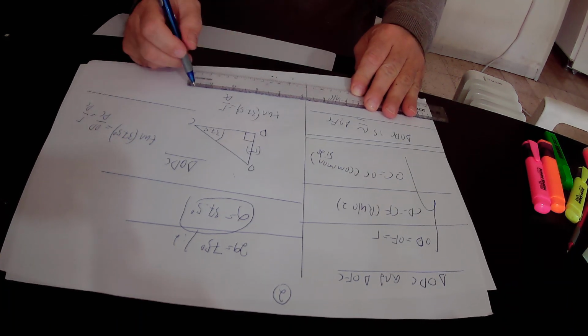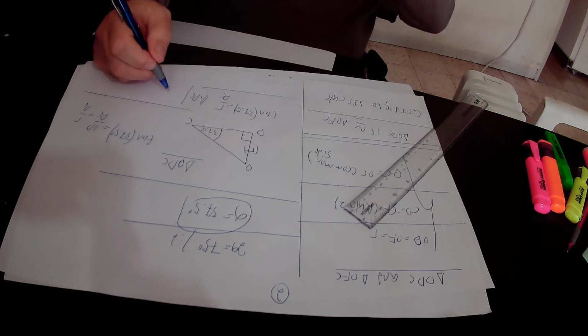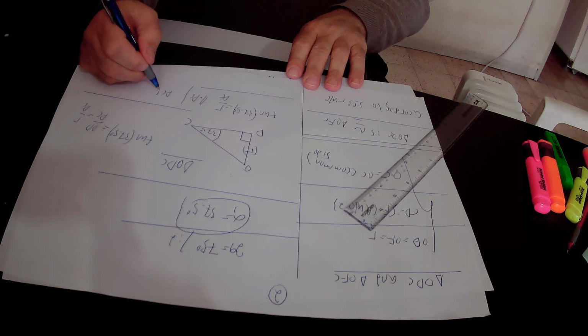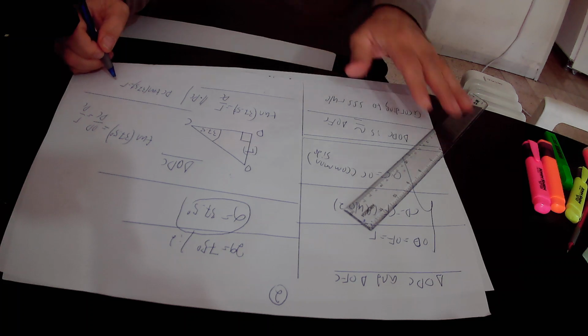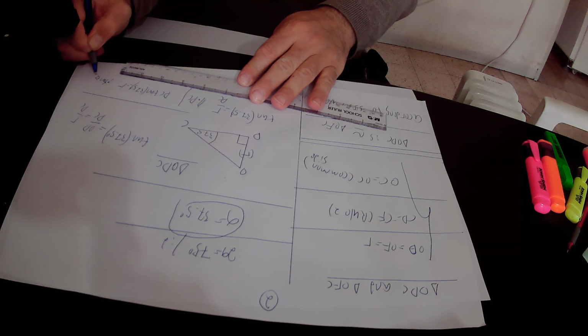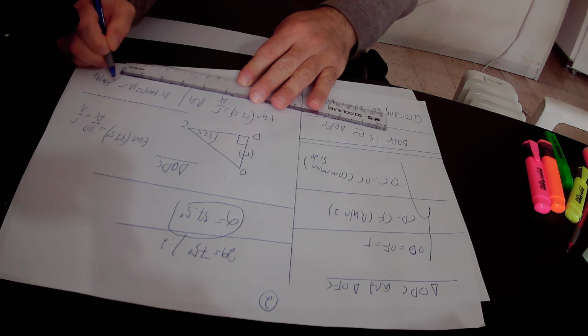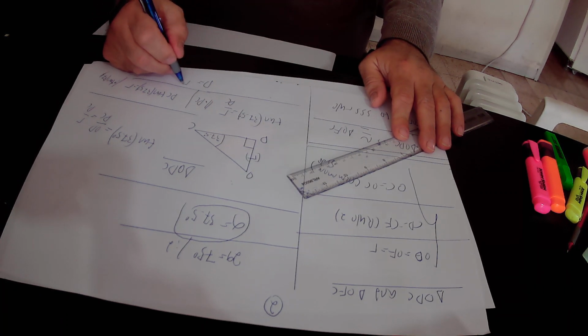Here we multiply this equation by DC and we get DC times tangent 37.5 degrees equals R. Here we divide this equation by tangent 37.5 degrees. And finally, we get that DC equals R over tangent 37.5 degrees.